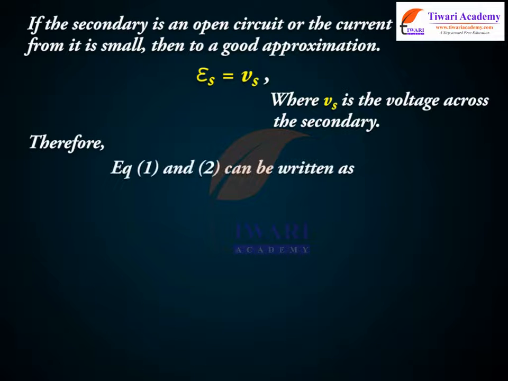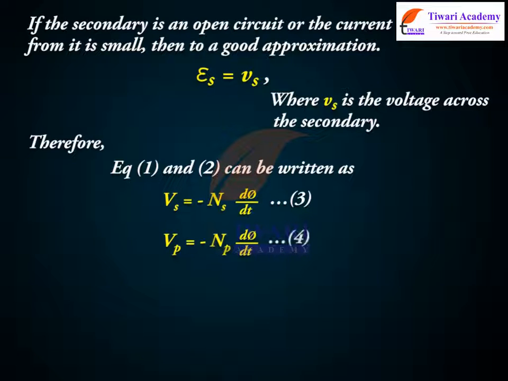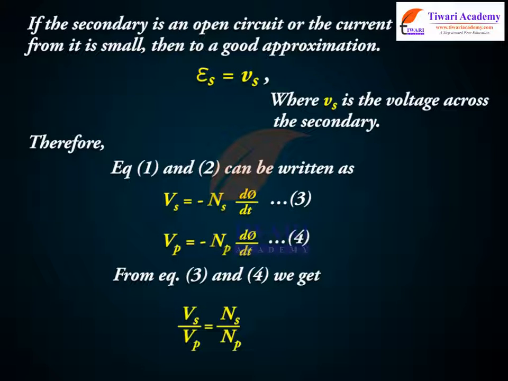Therefore, equations 1 and 2 can be written as Vs = -Ns dphi/dt, equation 3, and Vp = -Np dphi/dt, equation 4. From equations 3 and 4 we get Vs/Vp = Ns/Np, equation 5.